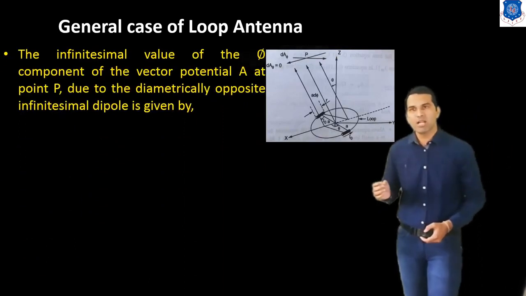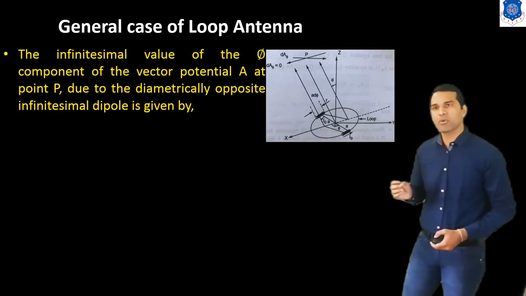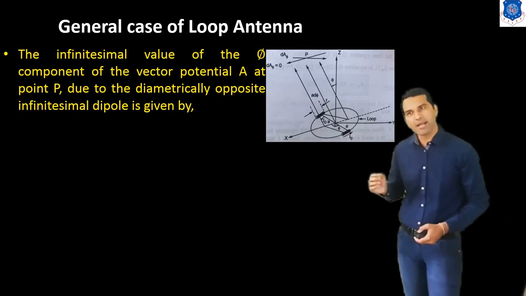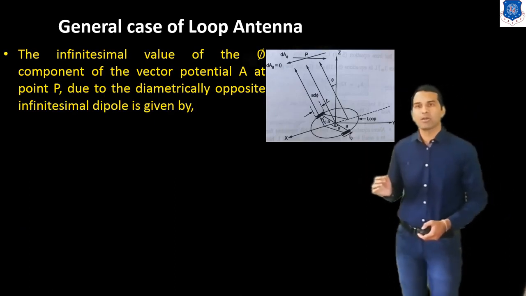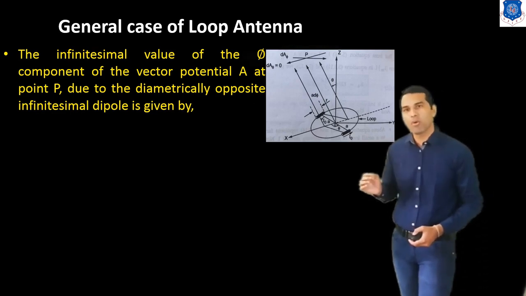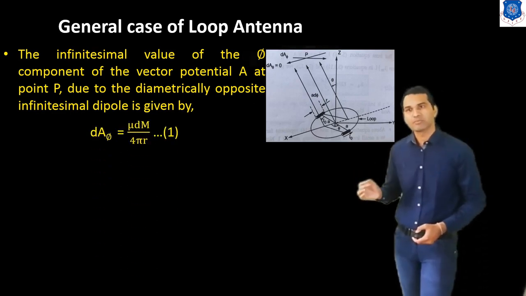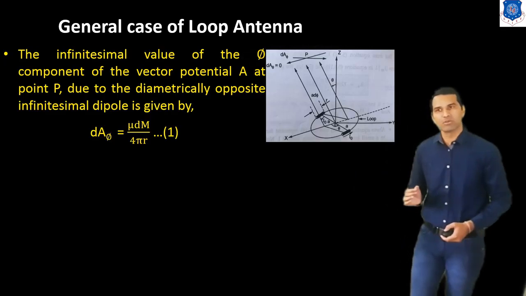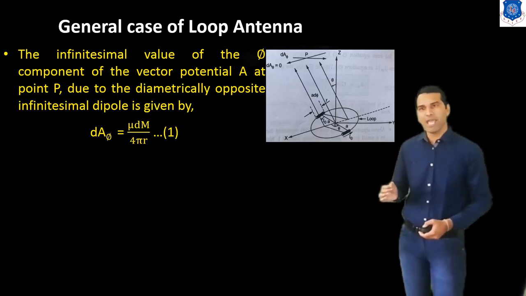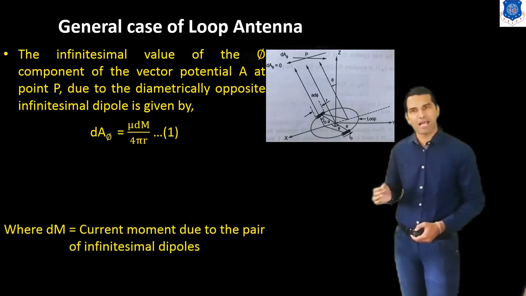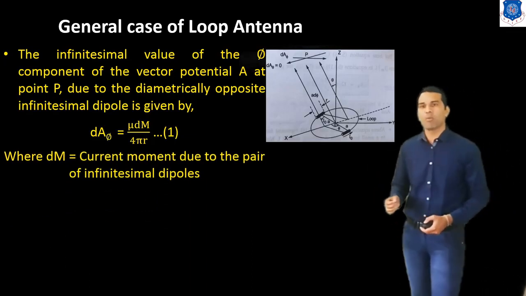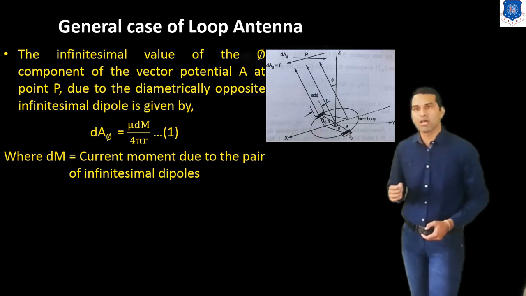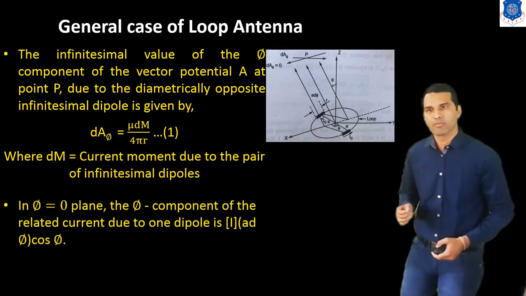The infinitesimal phi component of the vector potential A at the point P due to the diametrically opposite infinitesimal dipoles is given by dA phi equals mu dm upon 4 pi r, where dm is the current moment due to the pair of infinitesimal dipoles.